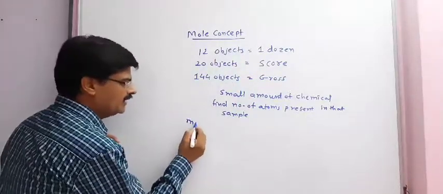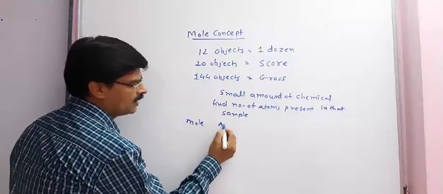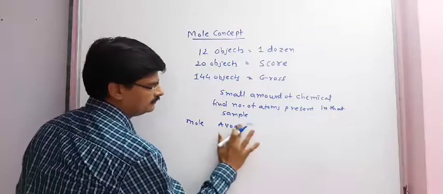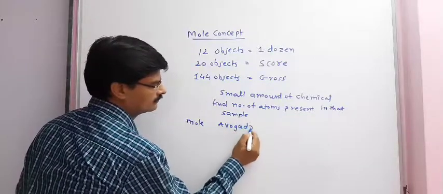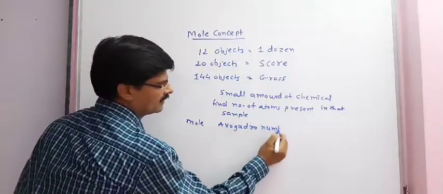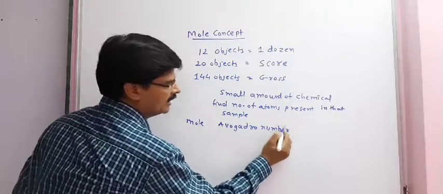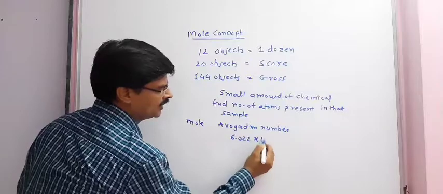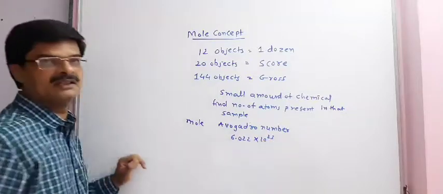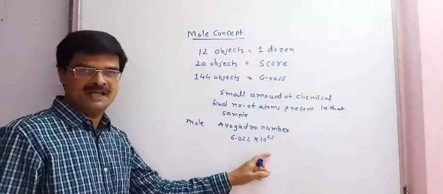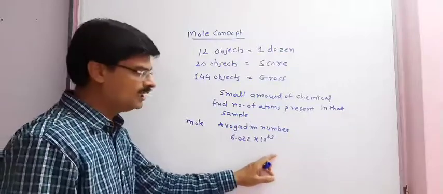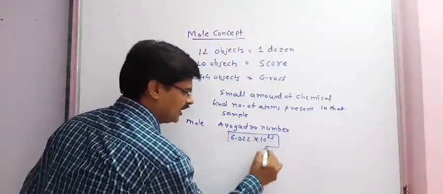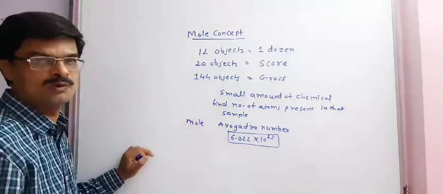So a mole is the Avogadro number, and its value is 6.022 into 10 raised to 23, of atoms, particles, ions, molecules, etc. We can utilize this number, 6.022 into 10 raised to 23.